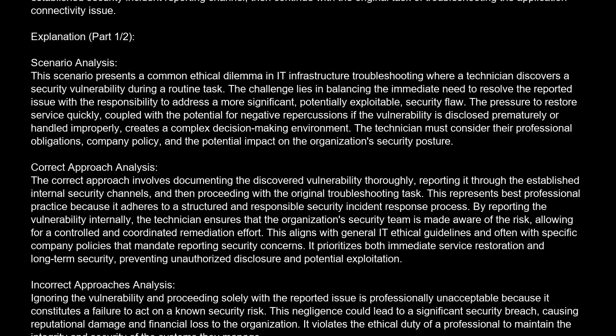Incorrect approach analysis. Ignoring the vulnerability and proceeding solely with the reported issue is professionally unacceptable because it constitutes a failure to act on a known security risk. This negligence could lead to a significant security breach, causing reputational damage and financial loss to the organization. It violates the ethical duty of a professional to maintain the integrity and security of the systems they manage.